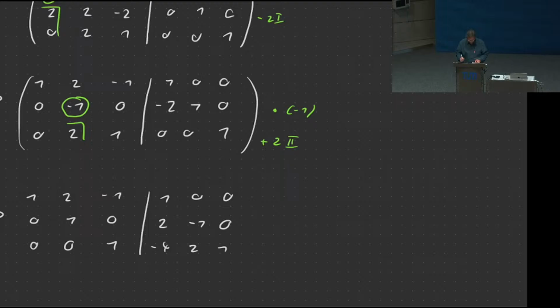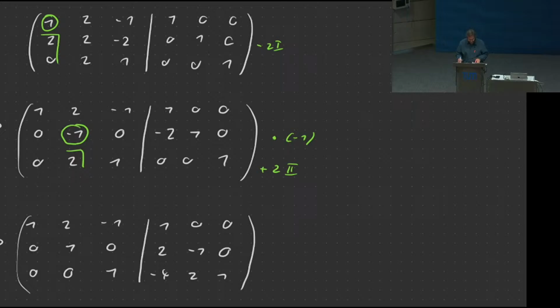2 and 1, and I did something wrong, obviously, right? Where did I go wrong? Sorry? This one is wrong? That is wrong. I need to subtract. Yeah, you're right. That should be a minus 2. Thanks. Let's correct that.